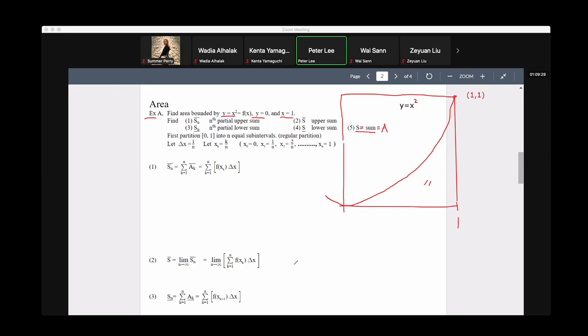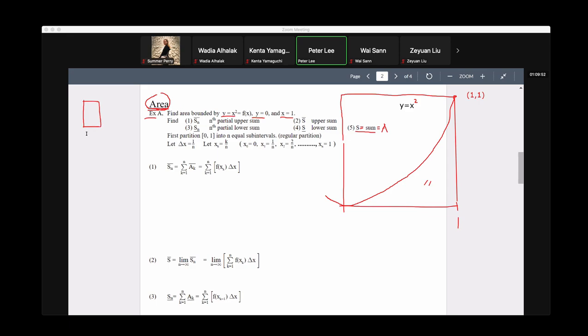Now, first of all, we have to know something about the area. The question is, what is area? How is area defined? We have to go back and figure out how area is defined. Most of the area is actually defined on a rectangle.